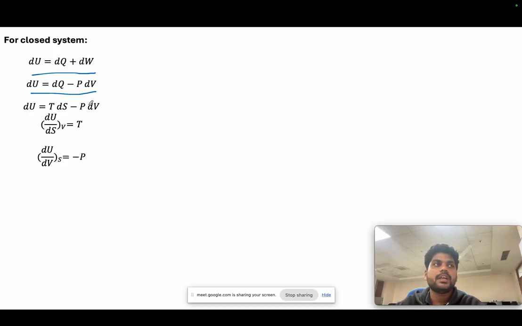How can we convert heat to entropy? Entropy is basically the amount of heat transferred by the system to move from point 1 to 2. In good terms, it is a measure of disorderness. Just remember that dS equal to dQ by T.